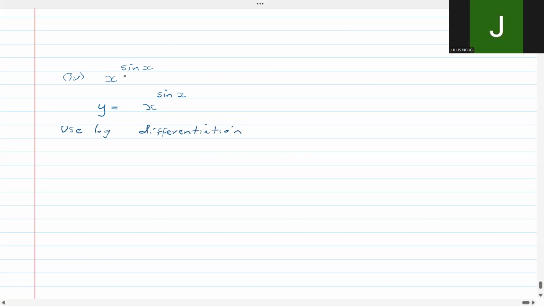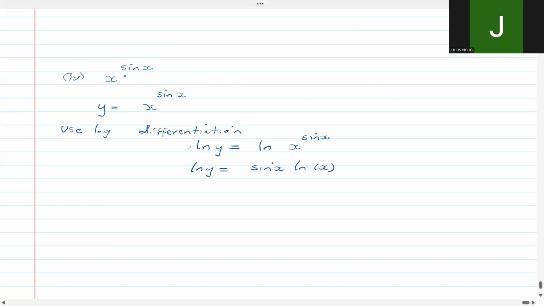Meaning, I'll introduce natural log on both sides. Natural log of y equals natural log of x to the power of sine x. So this becomes natural log of y equals sine x times natural log of x.